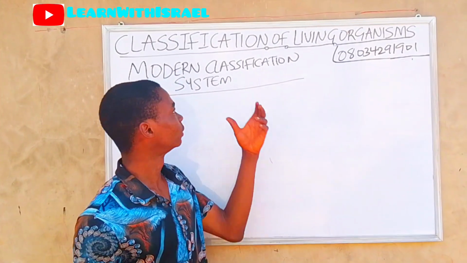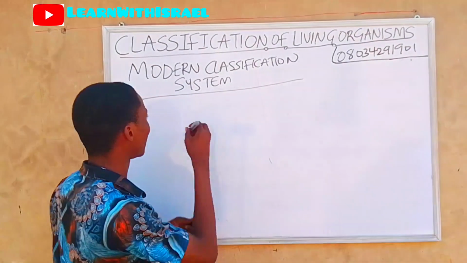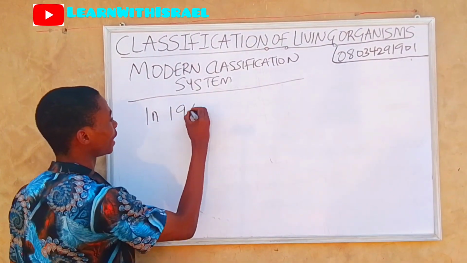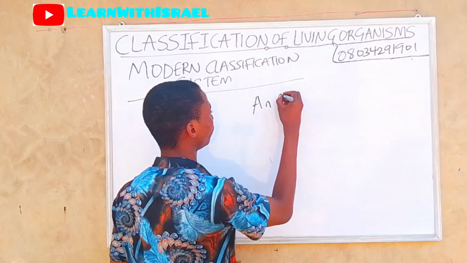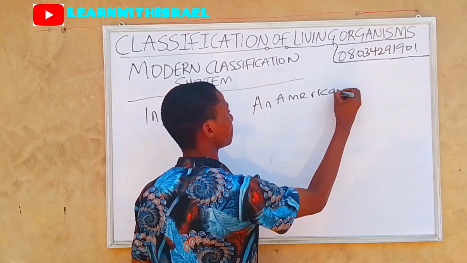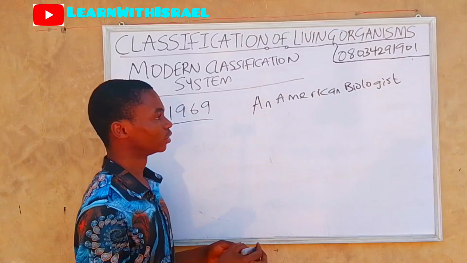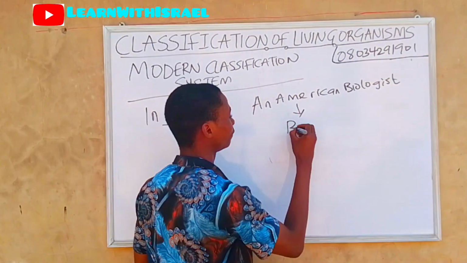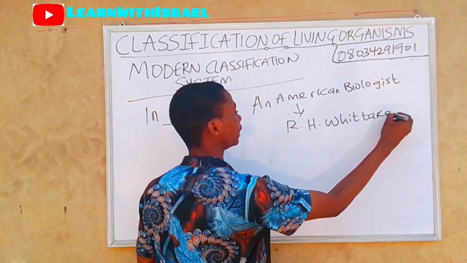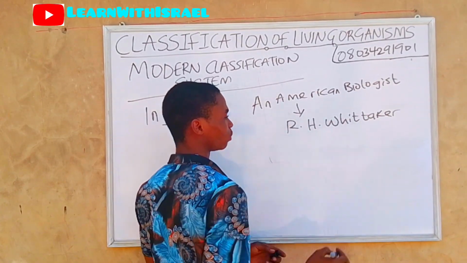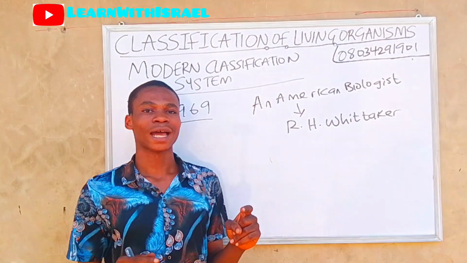So now let's talk about the modern classification system. In 1969, an American biologist whose name is R.H. Whitaker, proposed a widely accepted kingdom system, and it is 5.